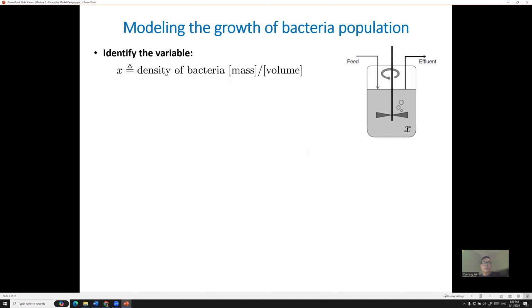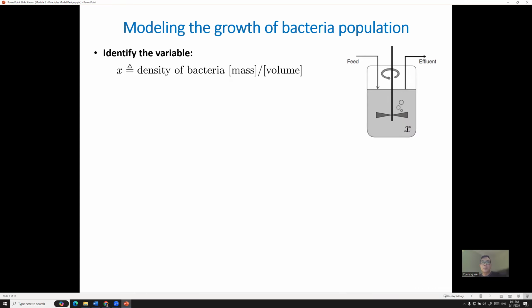Now that we know what we want to model, these are the variables we need to calculate, which is the density of bacteria. We want to model the growth of bacteria inside a bioreactor. So our first step consists of identifying the variables whose evolution will be captured by this model.